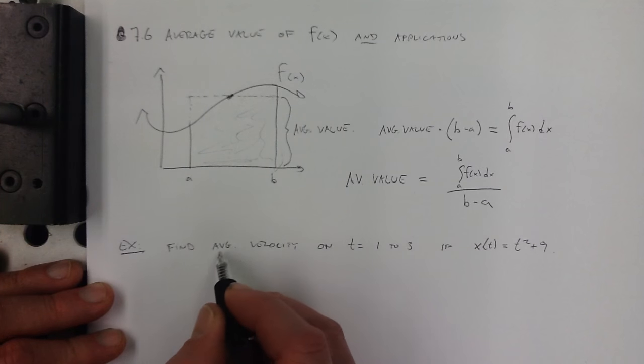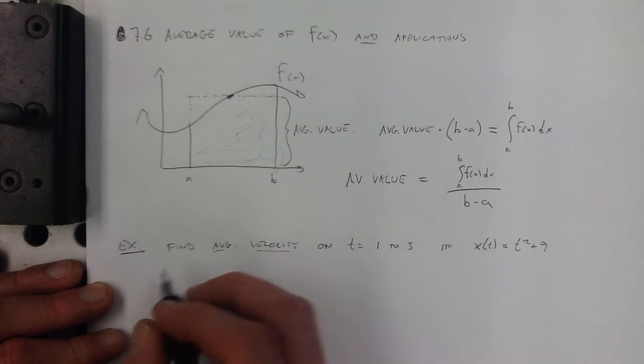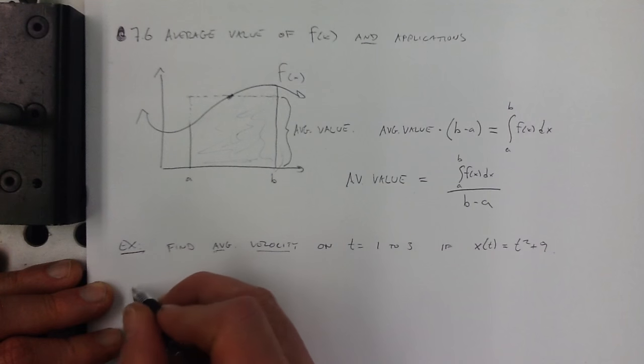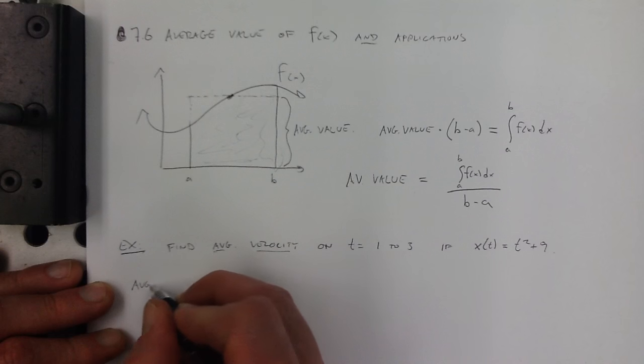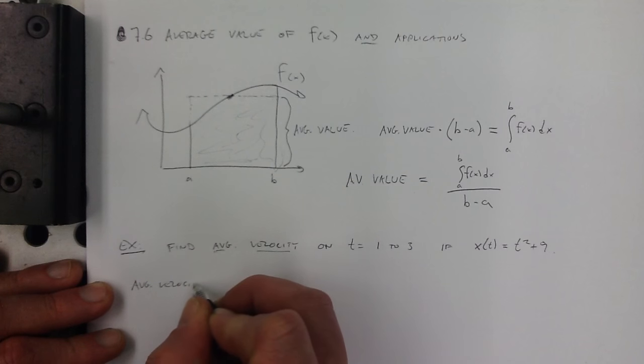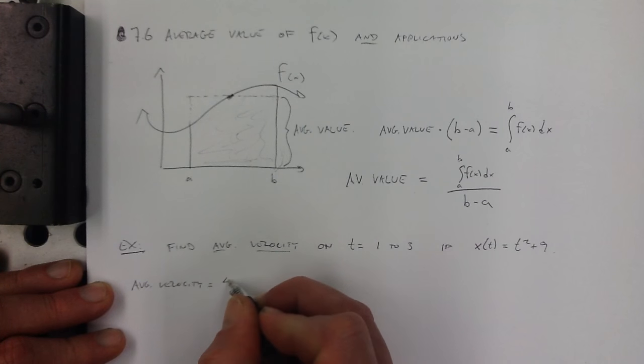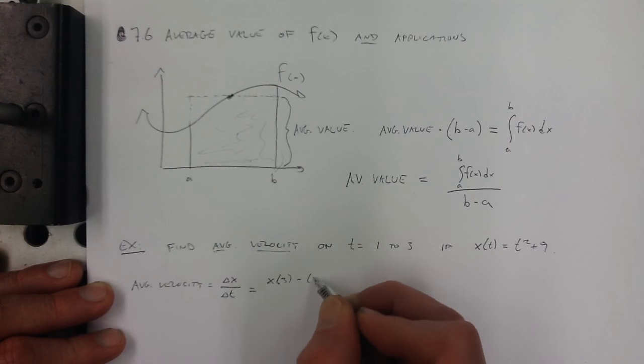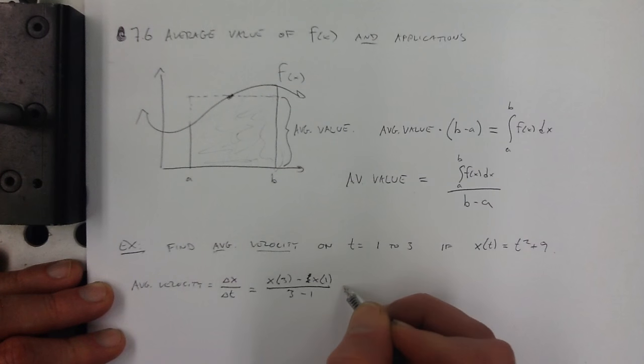First of all, if you actually understand what average velocity is, it's equal to displacement divided by time. So average velocity is equal to change in position over change in time. Change in position, that's x of 3 minus x of 1, over 3 minus 1.